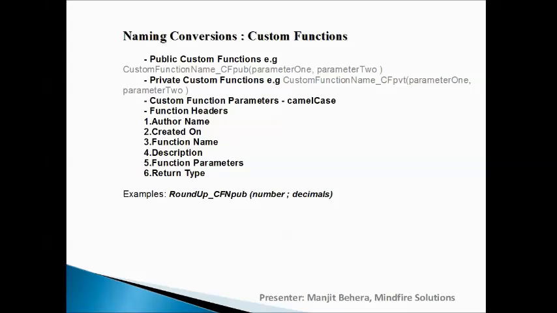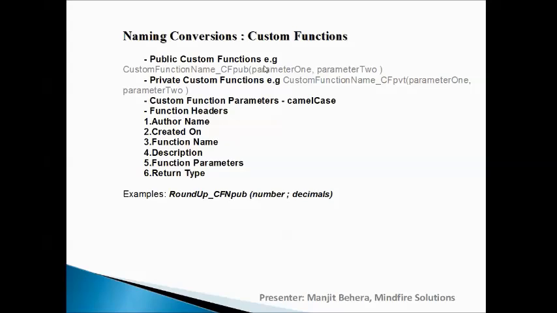Public custom function means all-privilege access, that is, each and every user can access that function. A private function is for a group of users or a particular privilege type, who can access that custom function.